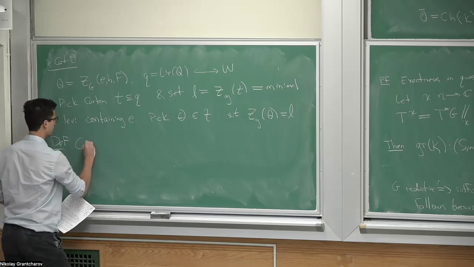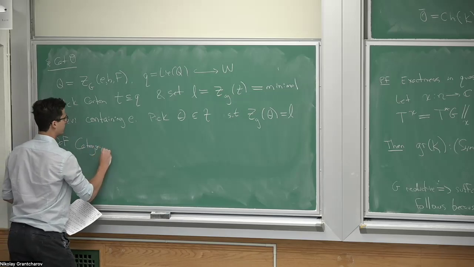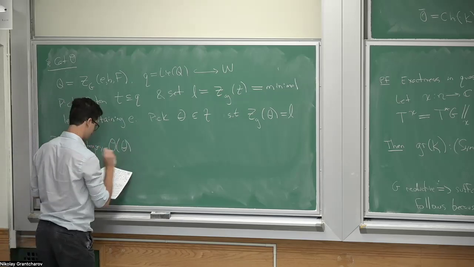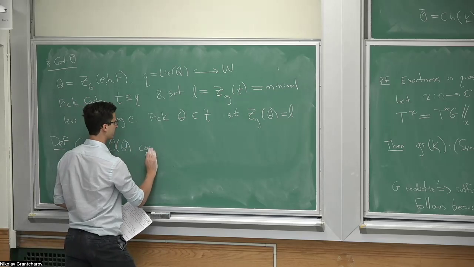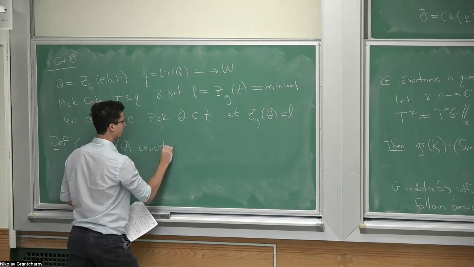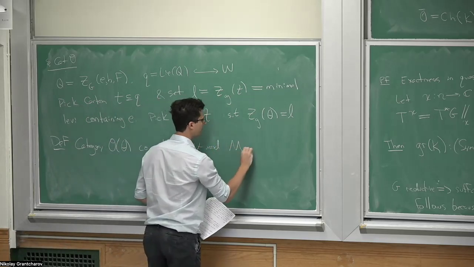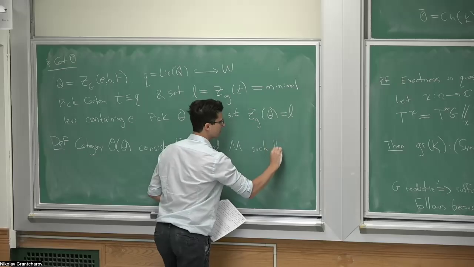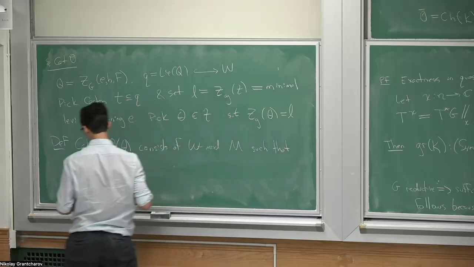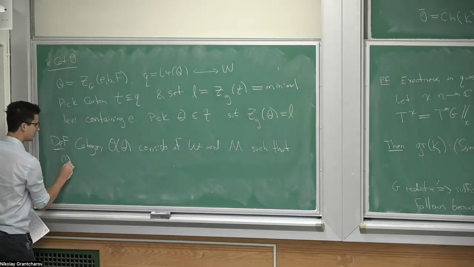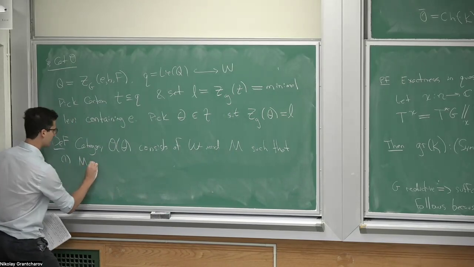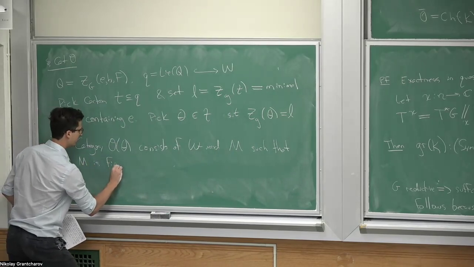Category O of theta consists of W modules M such that four conditions hold. One, M is finitely generated.